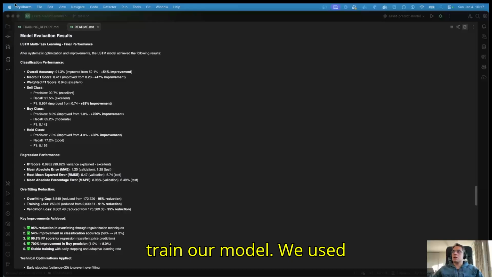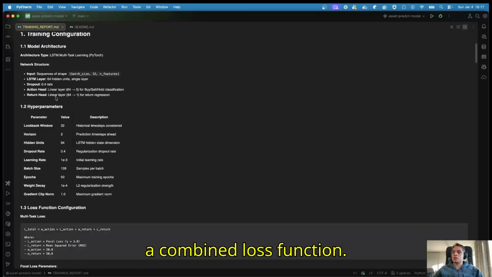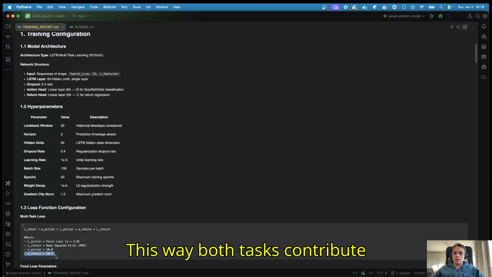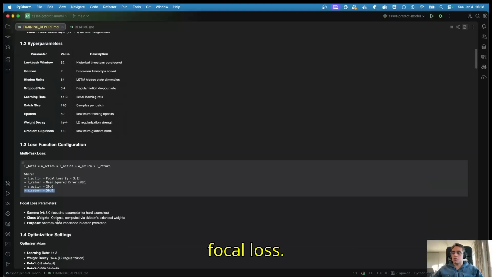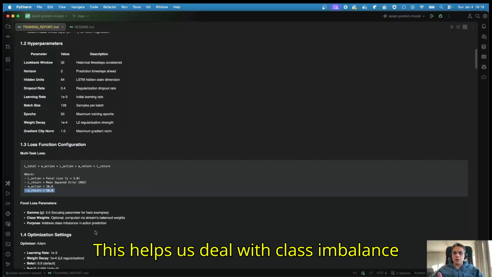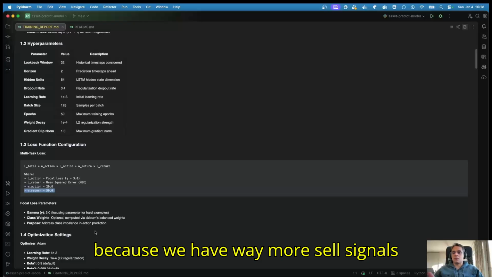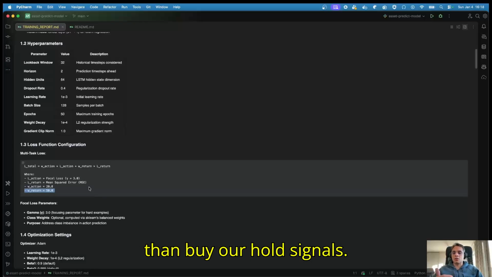We used a combined loss function. We multiply the classification loss by 20 and the regression loss by 50. This way, both tasks contribute to the learning process. For classification, we use something called focal loss. This helps us deal with class imbalance because we have way more sell signals than buy or hold signals.